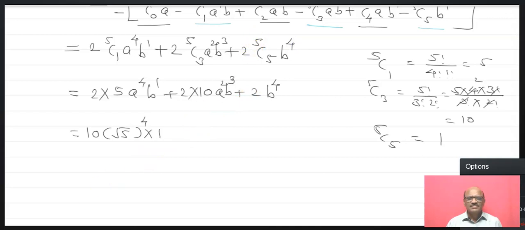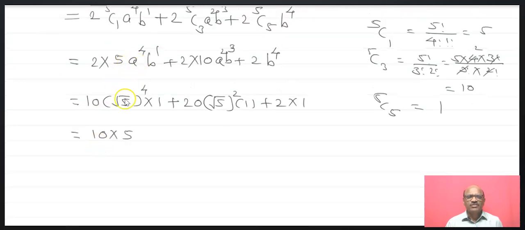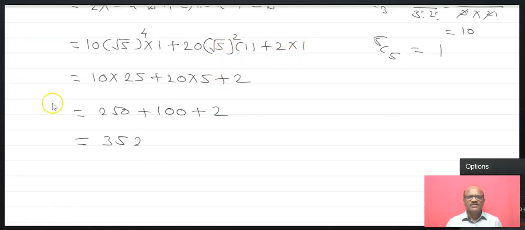Next, now here we will substitute the values, that is 5 into 2, 10, root 5 raised to 4, b is 1, now 20, root 5 square, and in this way we calculate their values. 10 root 5 raised to 4 is equal to 250, 20 root 5 square means what? 5, 2 into 1, this is 2.